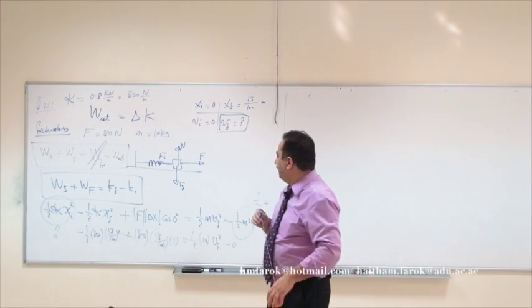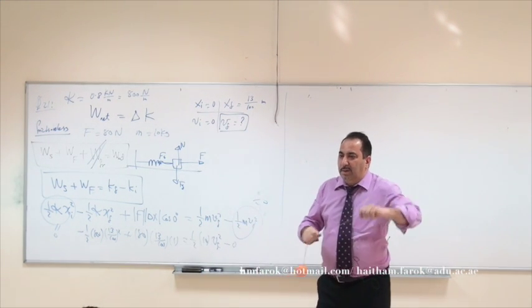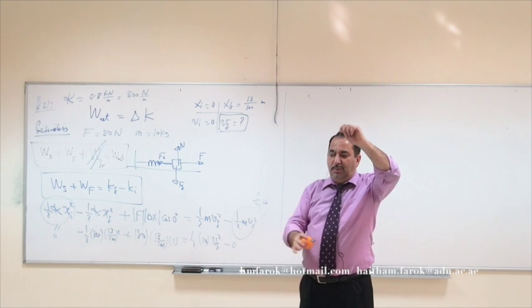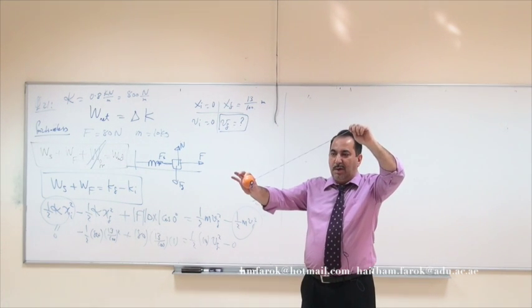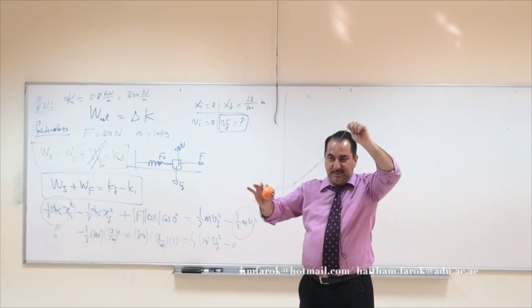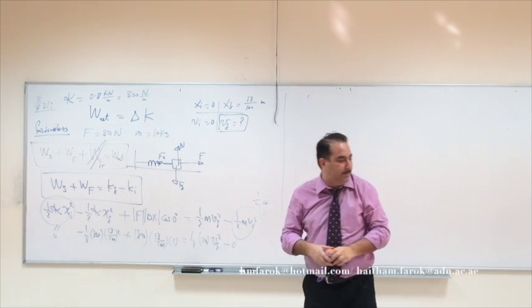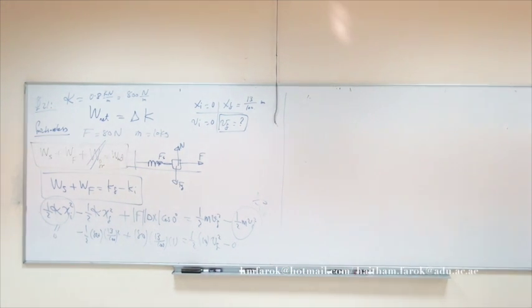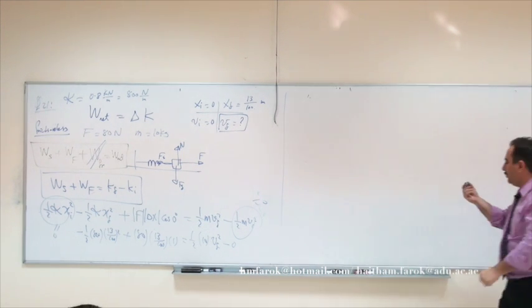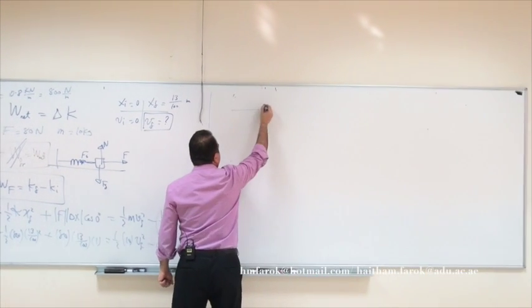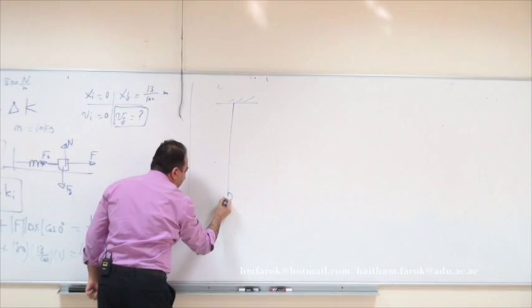Right, in our question, it says when this one moves between the lowest point to a point with maximum x, find the maximum theta. Find maximum theta. Let's draw the question. This is the ceiling. This is the pendulum.